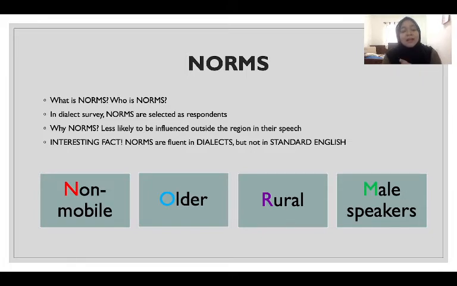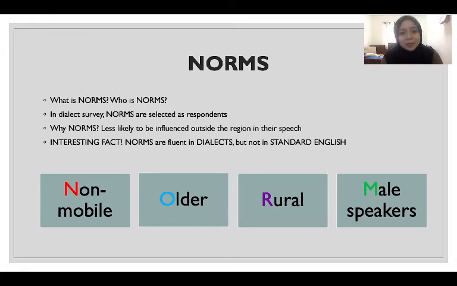Another interesting fact is that NORMs are fluent in dialects but not in standard language. For example, take a local example, Cantonese speakers. They are very fluent in dialects, but when asked to speak using standard Malay, there is some sort of weirdness to it, because they can't speak or switch to standard Malay with ease.